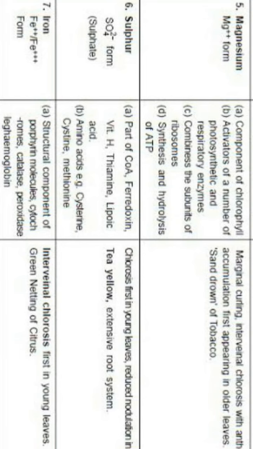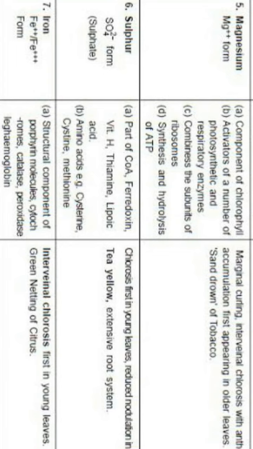Sulfur is present in two amino acids, cysteine and methionine, and is the main constituent of several coenzymes and vitamins: thiamine and biotin, coenzyme A and ferredoxin. And we know biotin is also called the B7 vitamin.